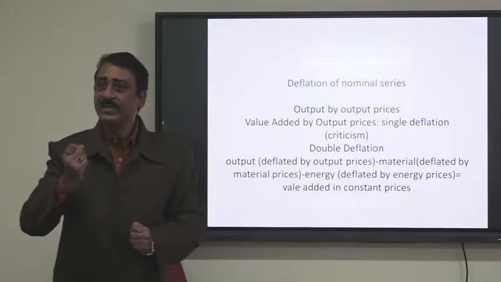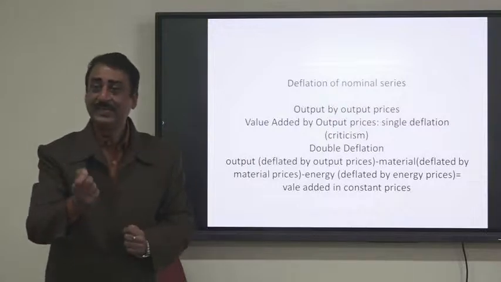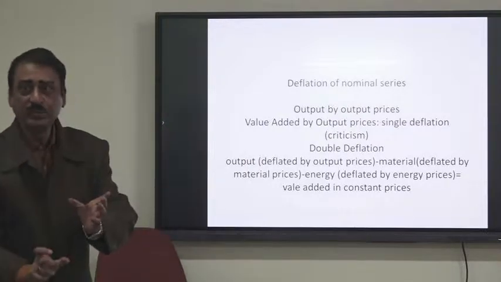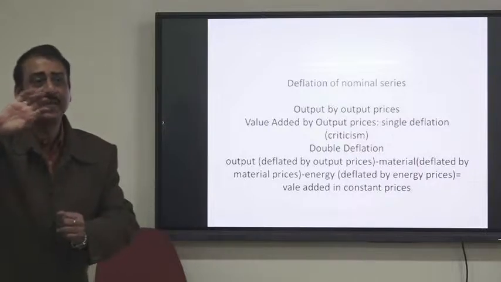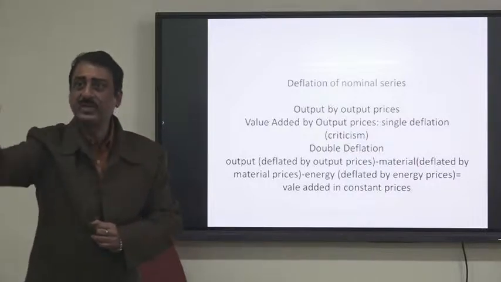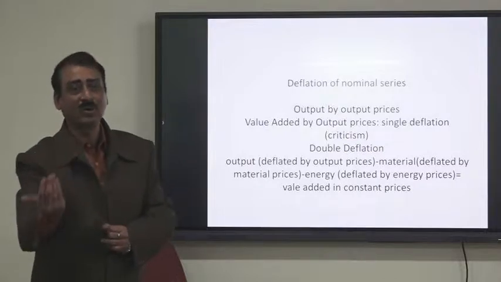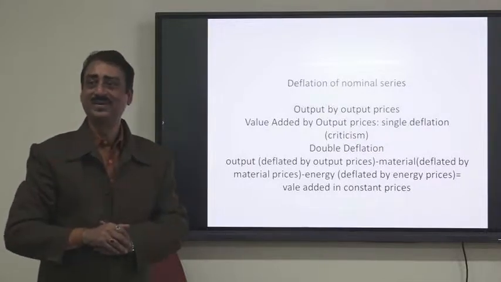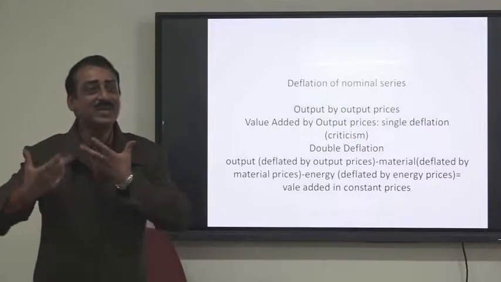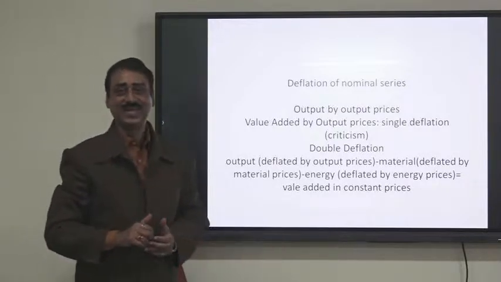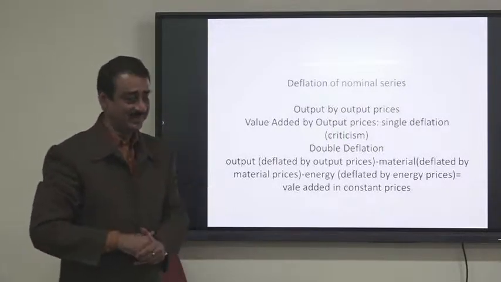Value added is not perceivable directly. You will have to calculate it. How will you do it? That is output value deflated, of course, minus the value of the material and energy. Then only residually you will know what is the contribution made by capital and labor. So it is a conceptual idea. It's not exactly directly measurable.